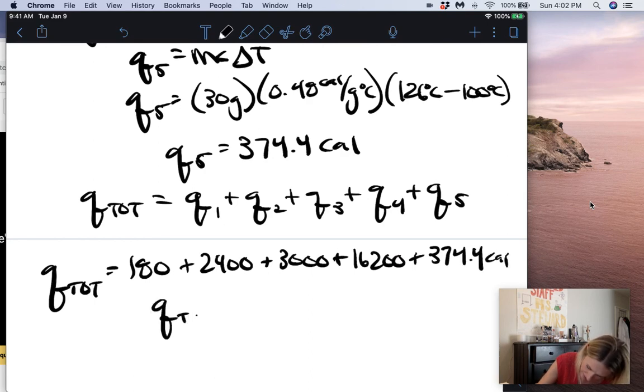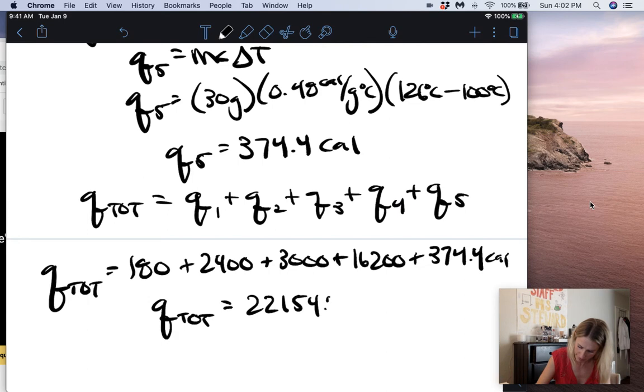So adding these things all together, we get 22,154.4 calories total.